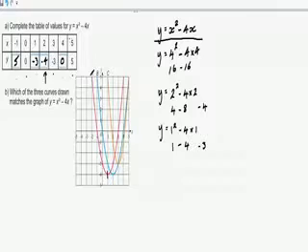Now if we go to where x is 4 but y is 0, okay, so x is 4 and y is 0, because y goes up 1, 2, 3, 4 and goes down -1, 2, 3.